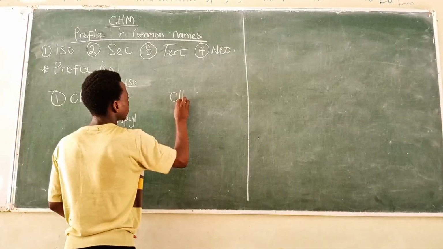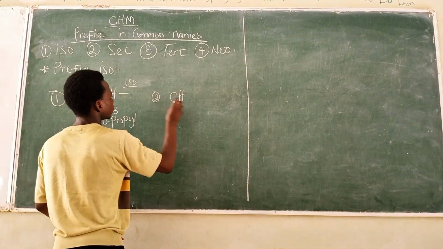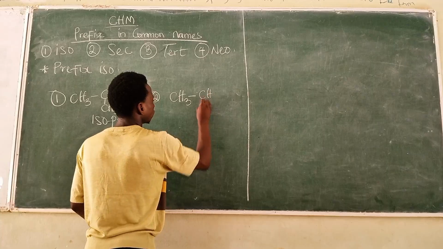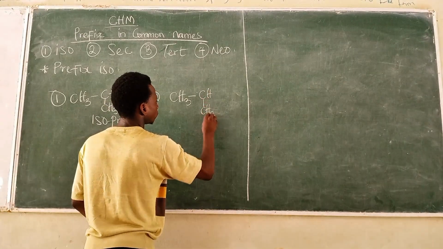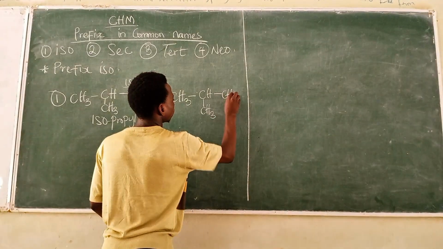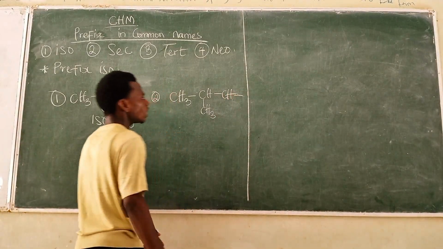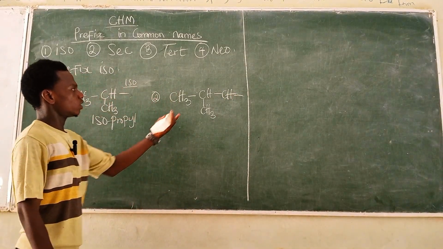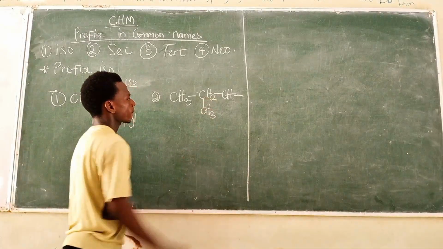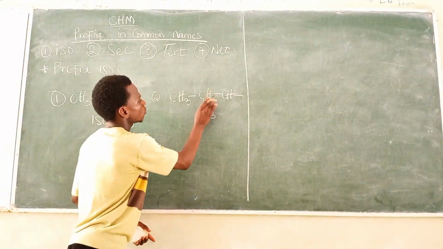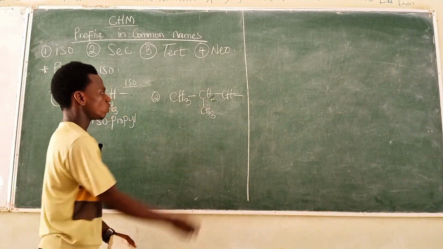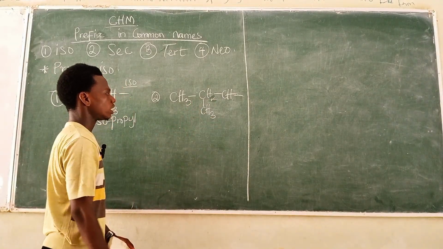Now, let's look at another example. Let's call this example 2. Let's say we have this to be the longest continuous carbon chain, and then we have a methyl attached on the second to the last carbon.